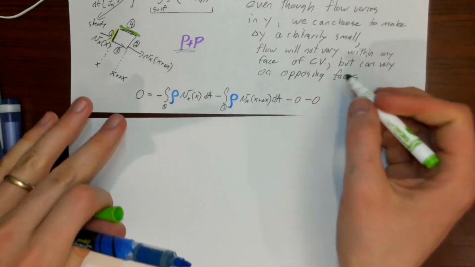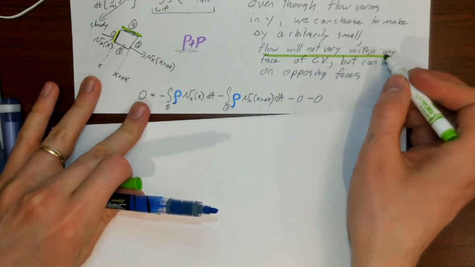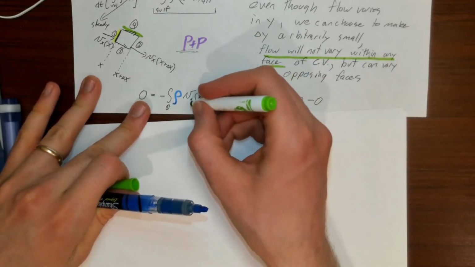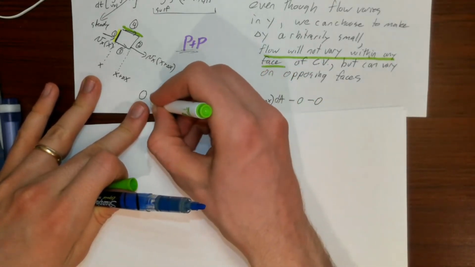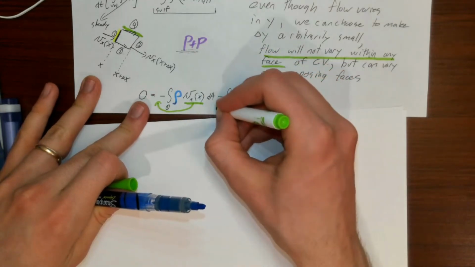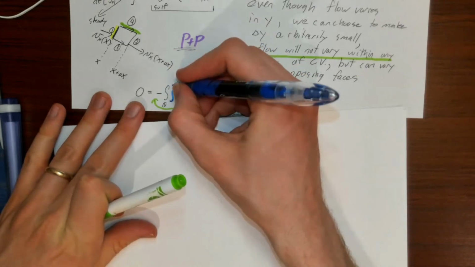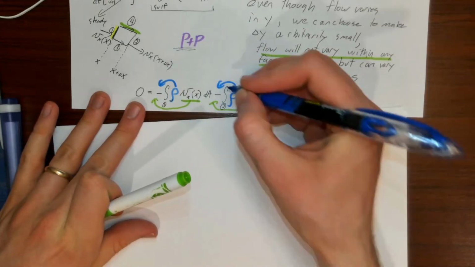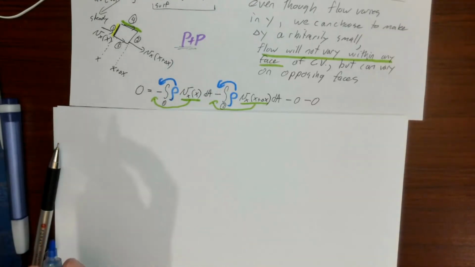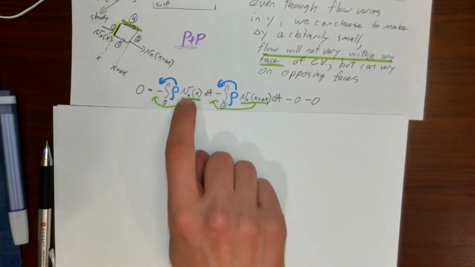Remember we said that flow will not vary within any face of our control volume, so that means we can basically pull these integrals out, and we already assumed that rho was incompressible, so we could pull those out. And when you do that, oh, hold on a second.